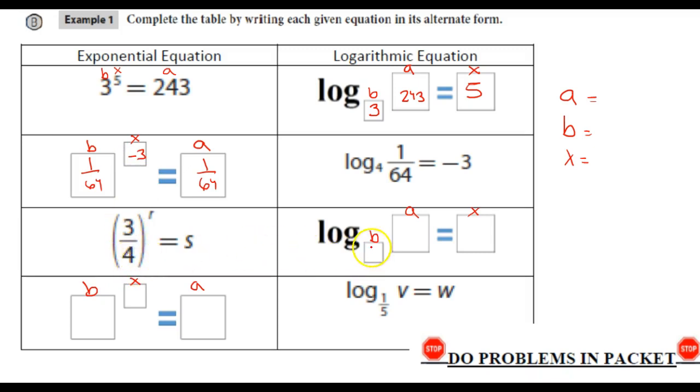For right here, our base will still come first, 3/4 or 3 over 4, however you want to say it. And that would be S, that's an S by the way, and R. So notice how they just switch places. And for this one, this would be my base, which is going to be a little larger. And V and W are just going to go opposite places.